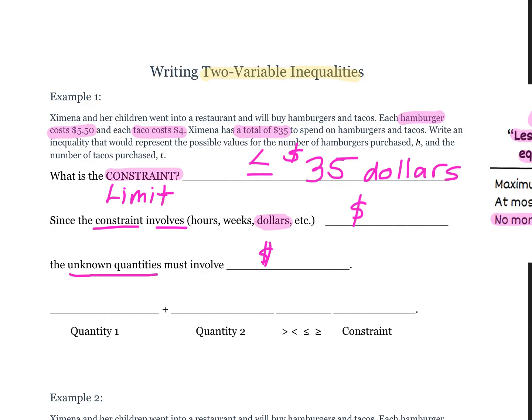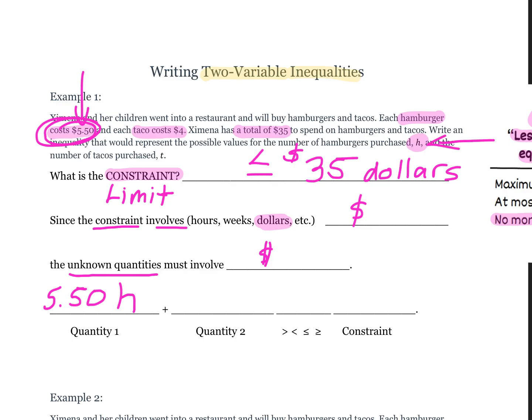It tells us to use the letter H for hamburgers. So since each hamburger costs $5.50, my first quantity is going to be $5.50 times H. And again, I got that because the hamburgers cost $5.50, and they told us to use the letter H to represent hamburgers.